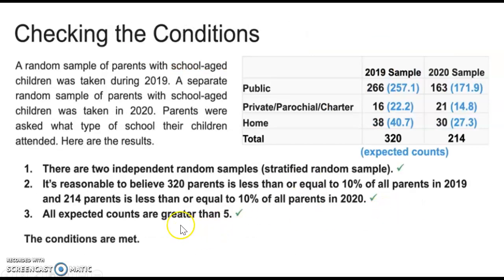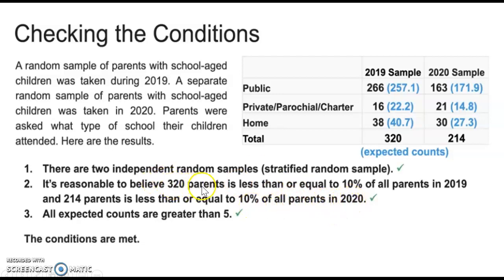Alright, so checking the conditions, we have two independent random samples, so we do know it's a stratified random sample. It's definitely reasonable to believe that there are many more parents, and that 320 would be less than or equal to 10% of the population of all parents in 2019 and 2020.